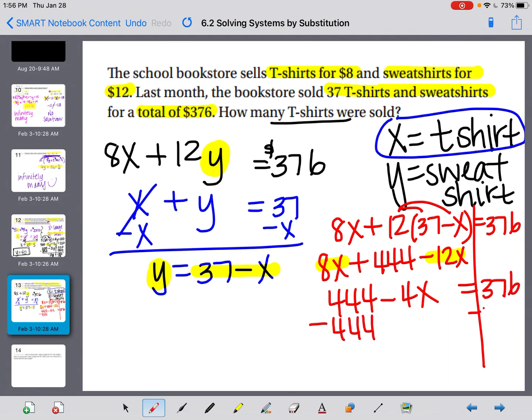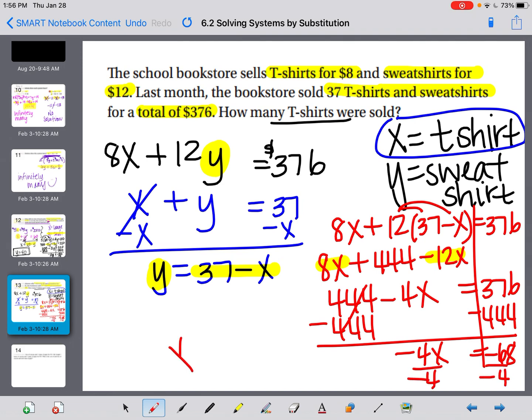Subtract the 444, and negative 4x equals negative 68. Divide by negative 4. And I find out that we sold 17 t-shirts out of the total of 37 shirts.